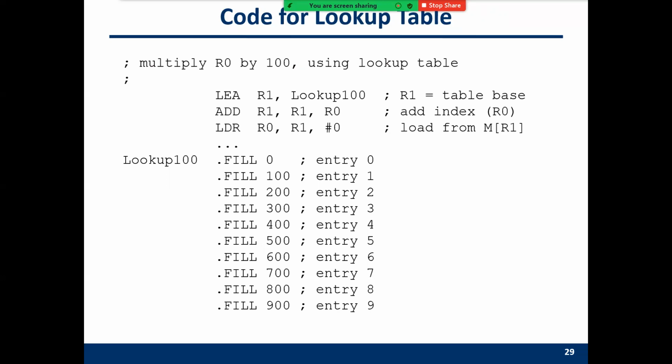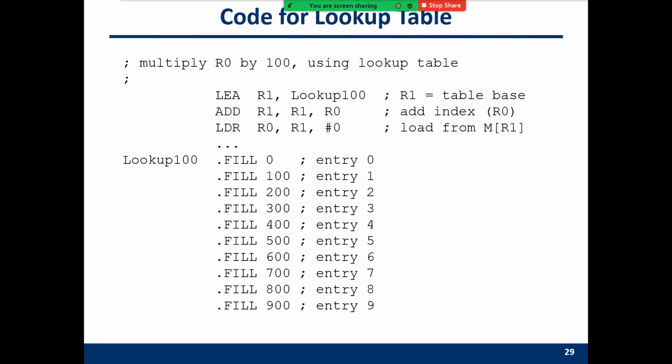First, we assign the starting address of this table to R1. How can we look up this table? We just simply add the index to the base in R1. So if we want to look up the fifth entry of this table, we just add 4 here.